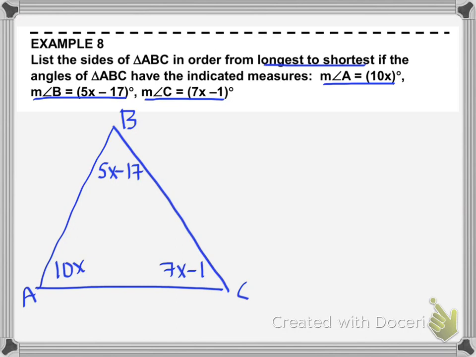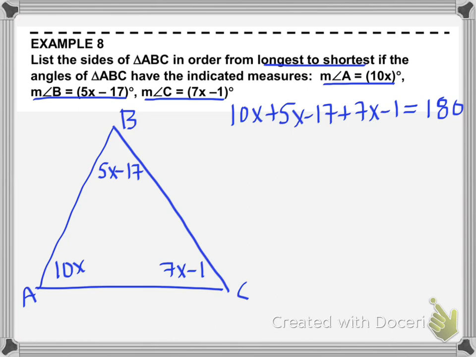So we're going to use something we learned in our last lesson, which is that the sum of the angles in a triangle add up to 180. So we're going to add the 10x with the 5x minus 17 with the 7x minus 1, all three angles, equals 180. We're just adding those together. So let's go ahead and solve this.